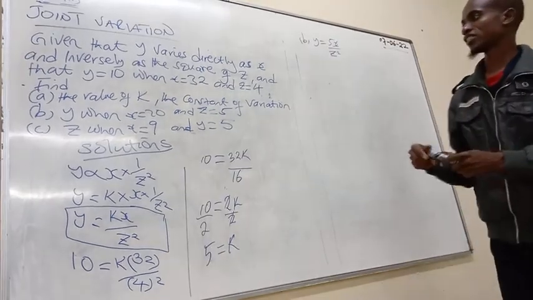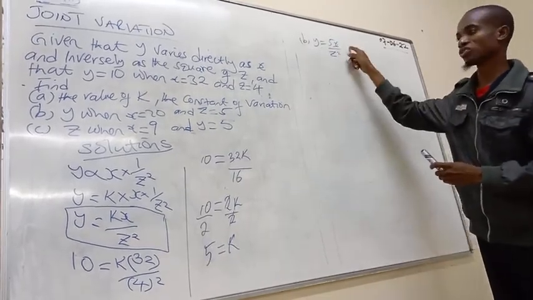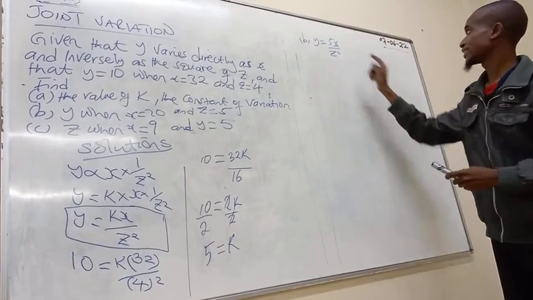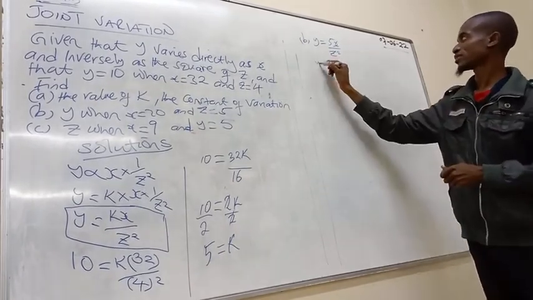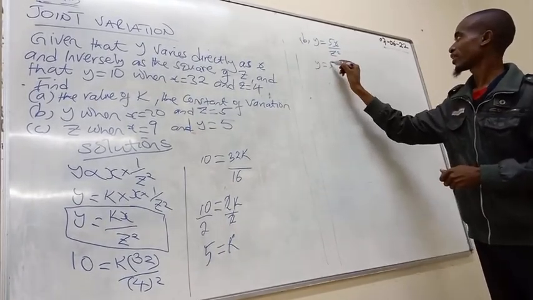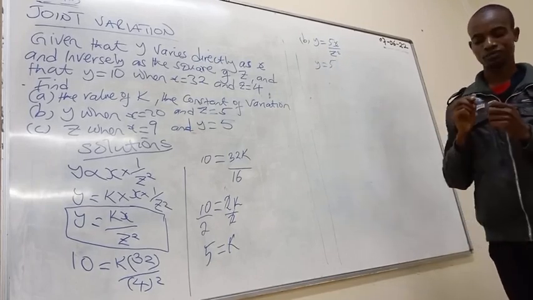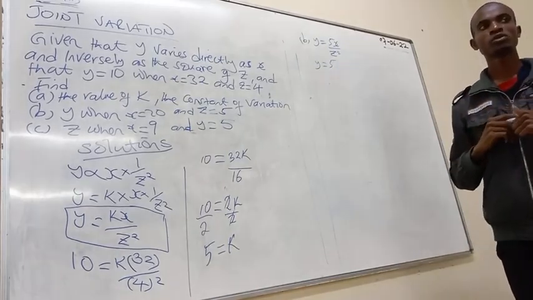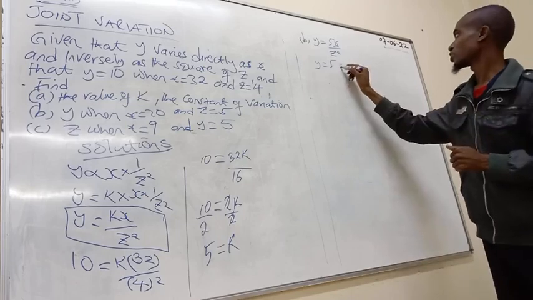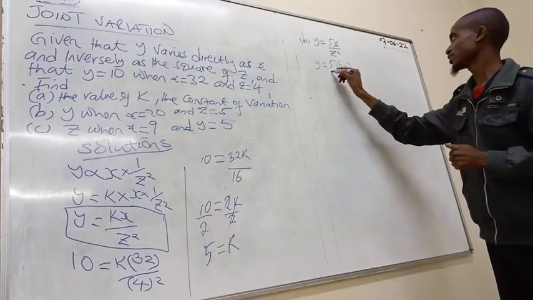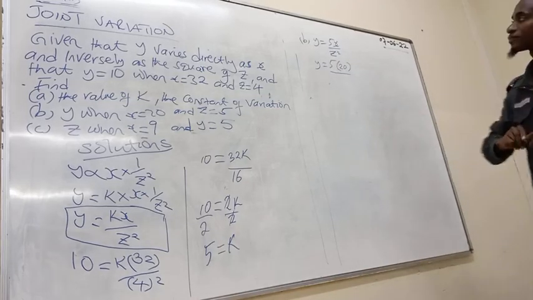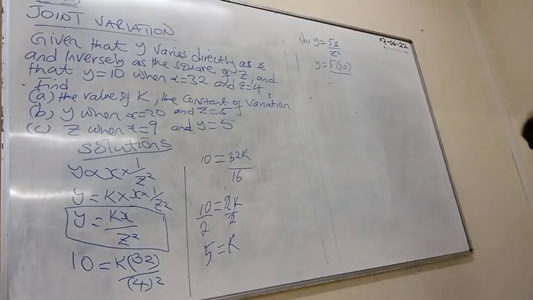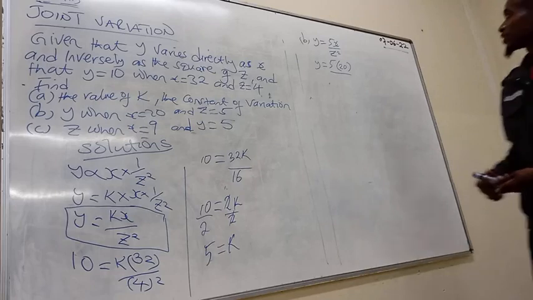Now, question B says find the value of y when x is 20 and z is 5. So let us replace. Where there is x, we put 20. We use brackets, which means multiplication as well, but you can also put 5 times 20.